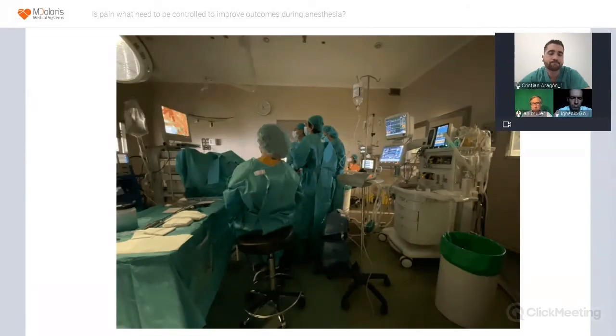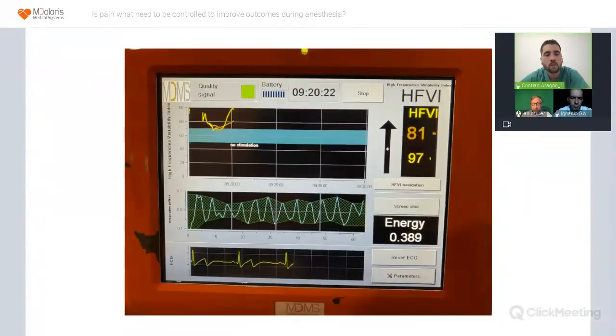This is a case of a radical cystectomy by laparoscopy. Here we can see in the monitor, after the induction and before starting the surgery, the patient presented a basal situation with good energy below 0.3.